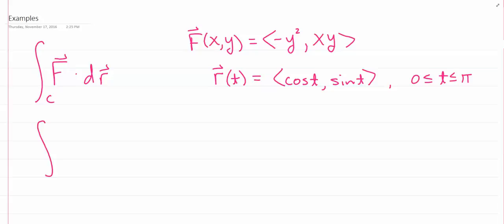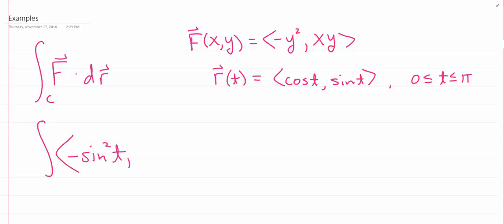In place of the F, I'm going to put in the parametrized values, or the expressions. Okay, so instead of y squared, I'm going to have negative sine squared, because y equals sine t. So in place of y up here, I put sine t, comma.